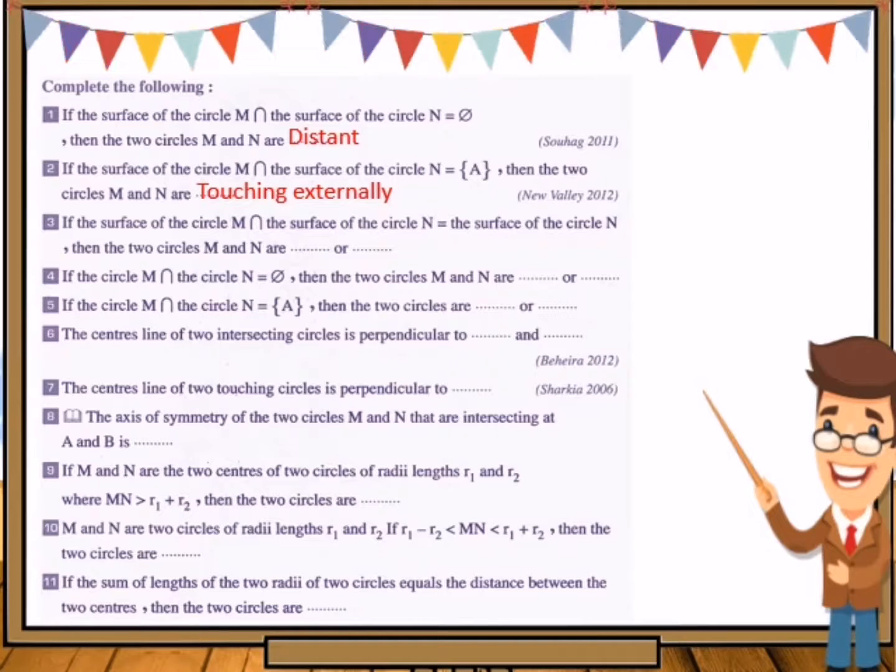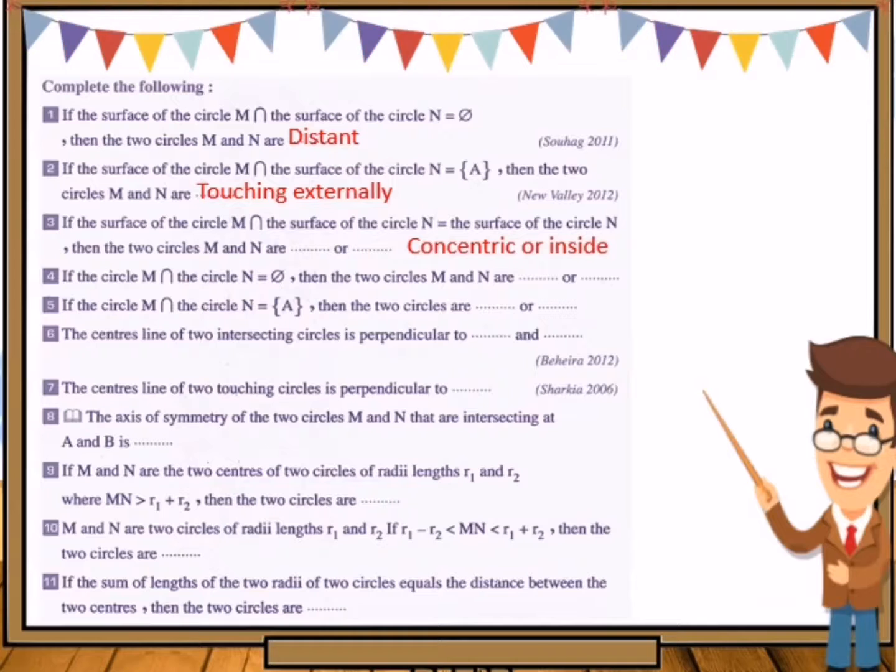Number 3. If the surface of circle M intersects the surface of circle N equals the surface of circle N, then the two circles M and N may be concentric or inside each other.